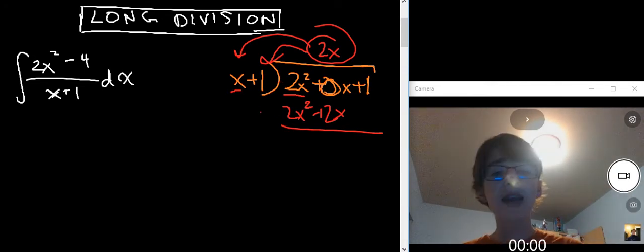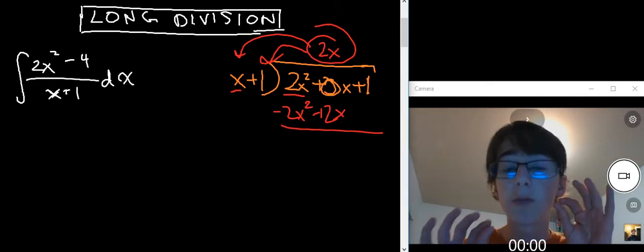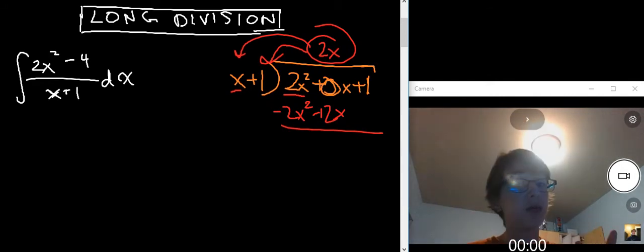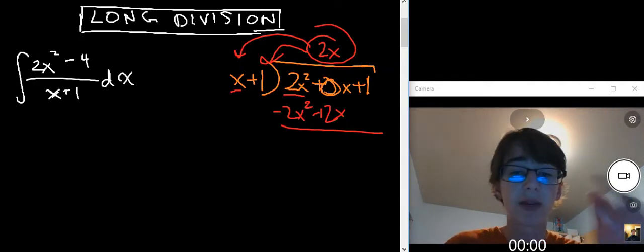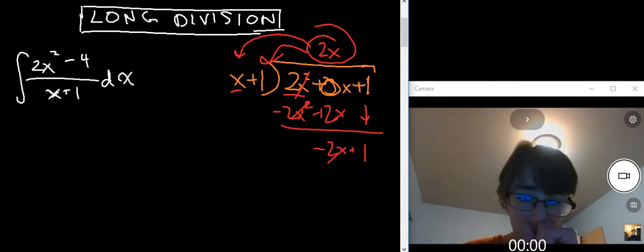My point is, in this case we're going to end up subtracting, but you may not always be subtracting. You may have to do addition in order to get the highest degree term to cancel. In this case, we're going to do subtraction, so these cancel, and we're left with a negative 2x, and the 1 comes down. So we have a negative 2x plus 1.